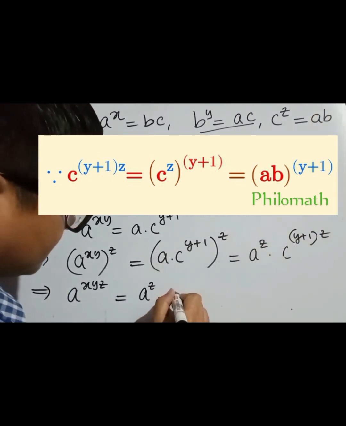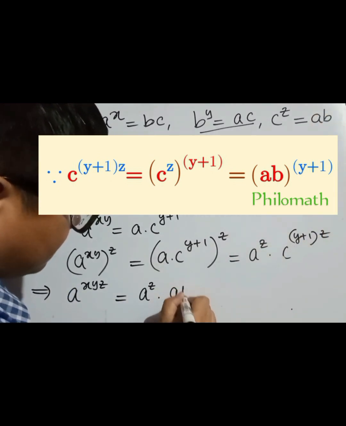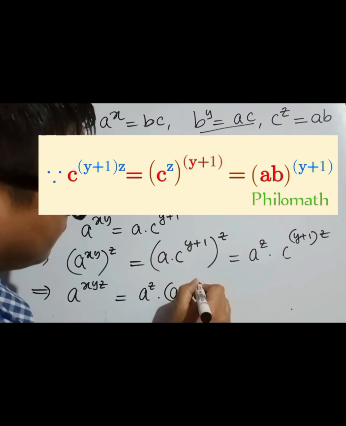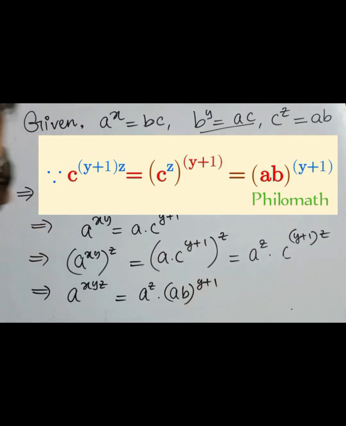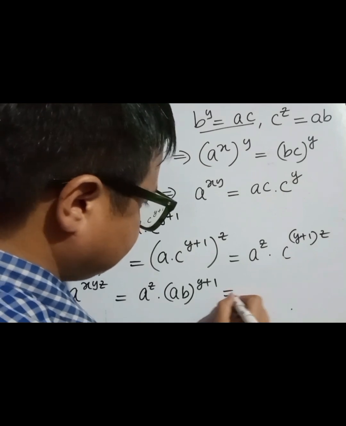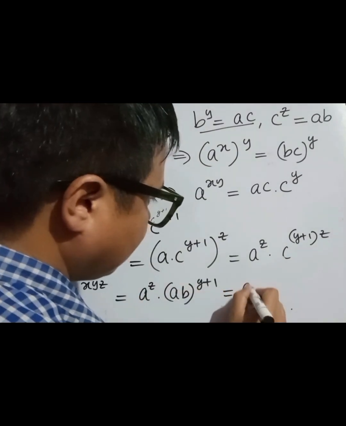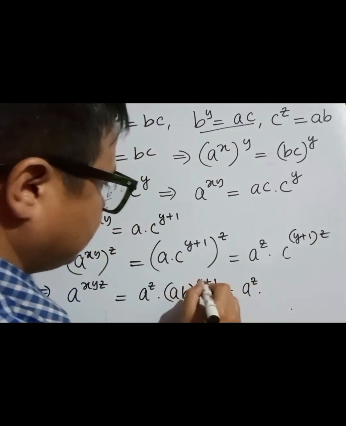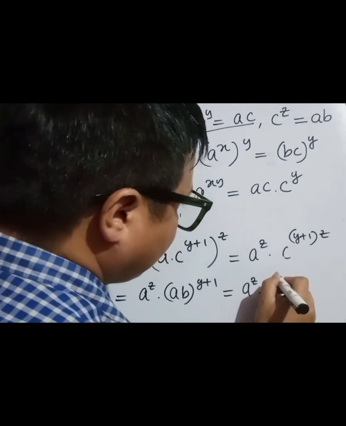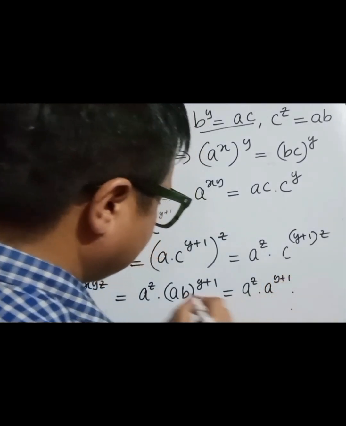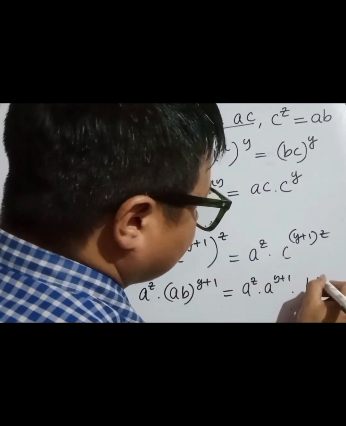And this can be written as c to the power z whole raised to the power y plus 1, but c to the power z is equal to ab, so it becomes ab whole raised to the power y plus 1. In the next line, the right hand side becomes a to the power z into a to the power y plus 1 into b to the power y plus 1.